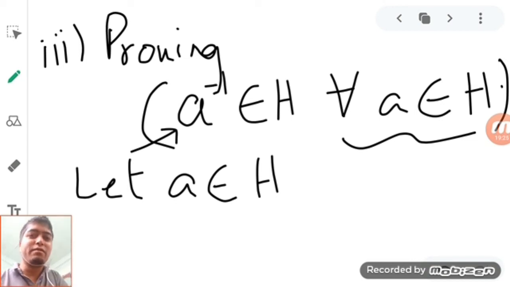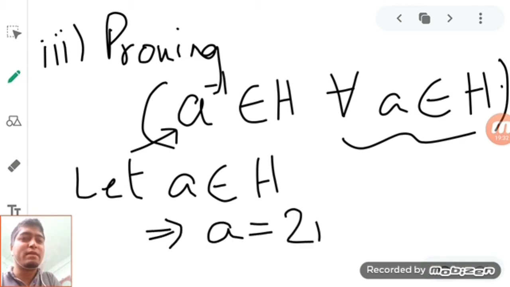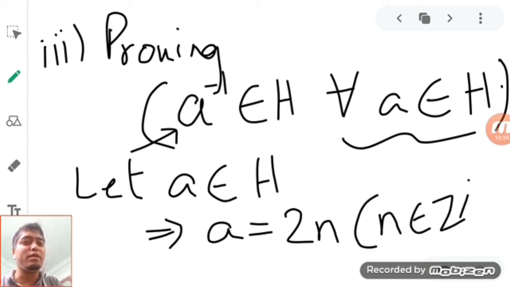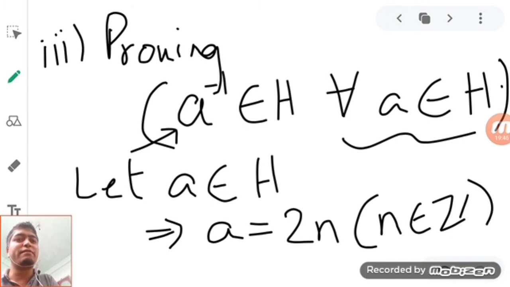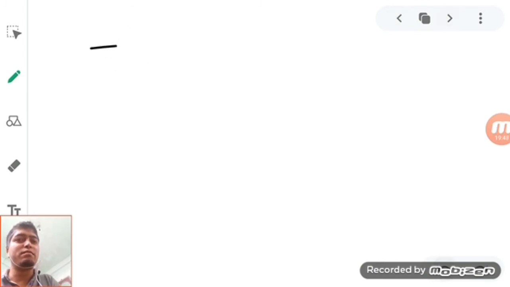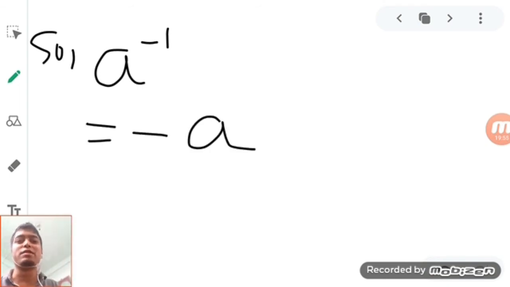So over here again, a will be an even integer, that is a multiple of 2, and n belongs to Z. So we need a inverse, so maybe I'll write it down. A inverse over here will be minus a, because it is with respect to addition of integers.